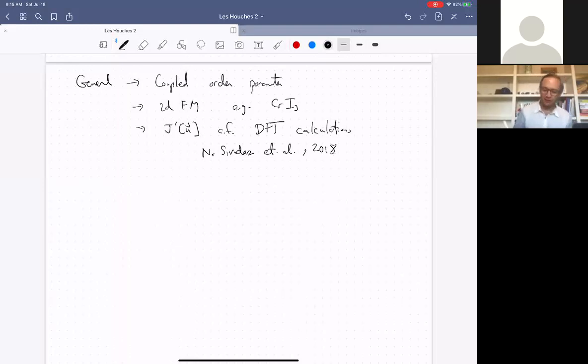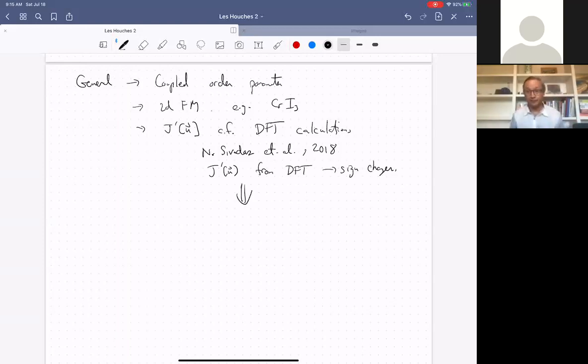These guys calculate J prime of U from DFT and show that it has sign changes. So this is exactly the object we need as input to construction of our continuum model.